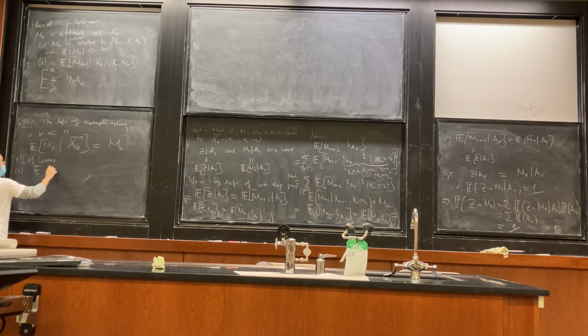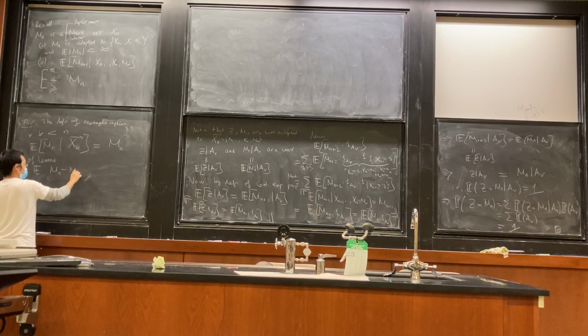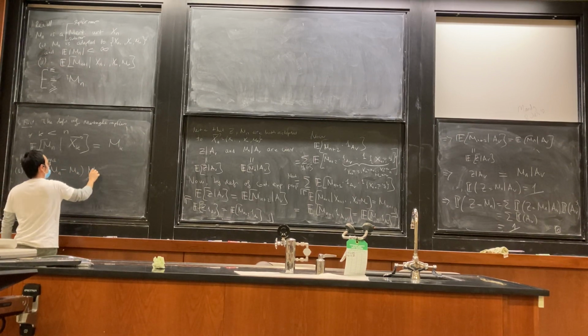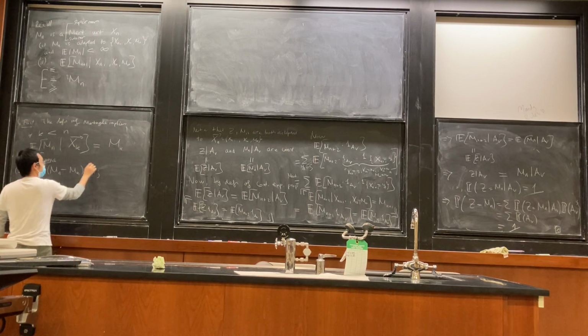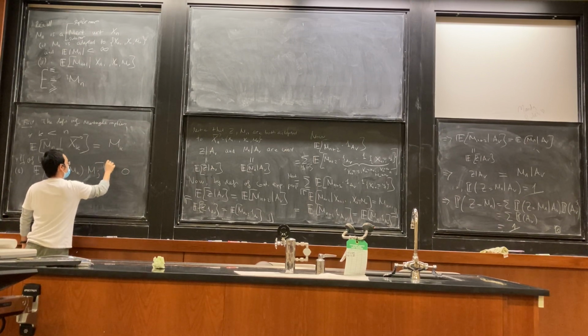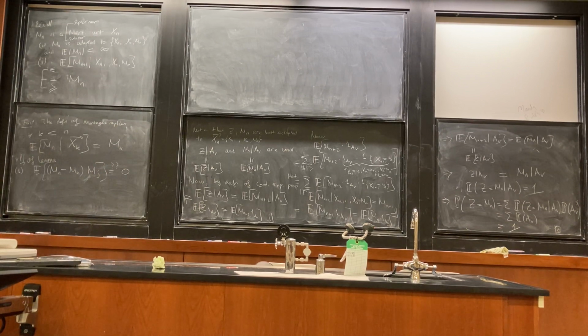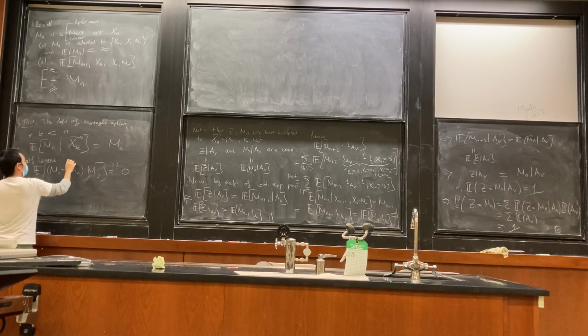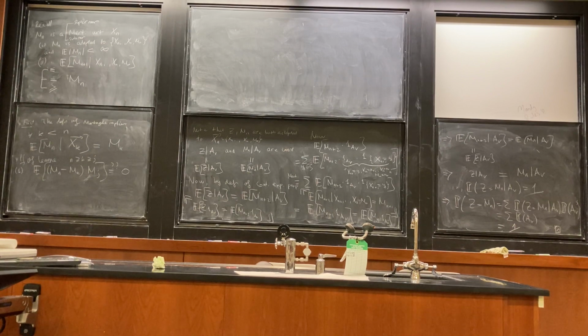I want to show that the expected value of M_n minus M_k times M_j is 0. Here I have n greater than k greater than j. Okay. So what do I have to do?